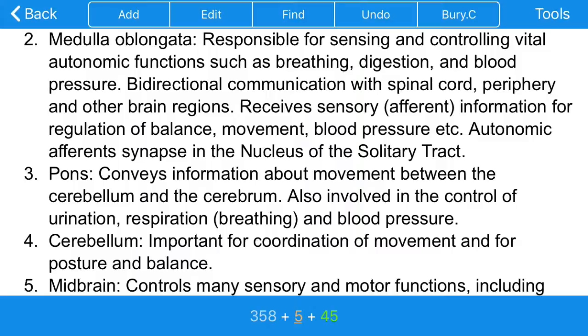Like, I can remember that they do different things, but I should also remember that while controlling these facets, the medulla oblongata actually receives sensory information so that it can do its job like coordinating balance. That's why your balance kicks in so quickly and easily, I guess, is because it has this really refined circuit in the medulla oblongata.